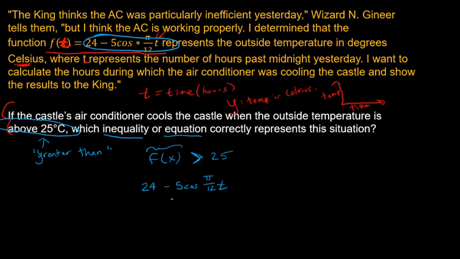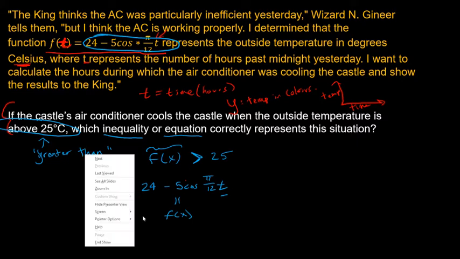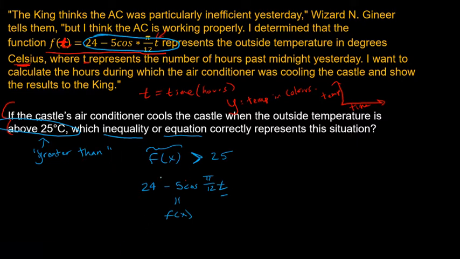And then all I'm saying is, when does this function apply? When the value of this entire statement, in fact, let's circle that, is greater than 25, we use the AC. So this is how you would start to write it out. You'd write 24 minus 5 cosine pi over 12t is greater than 25, and all you'd have to do from here is simplify.